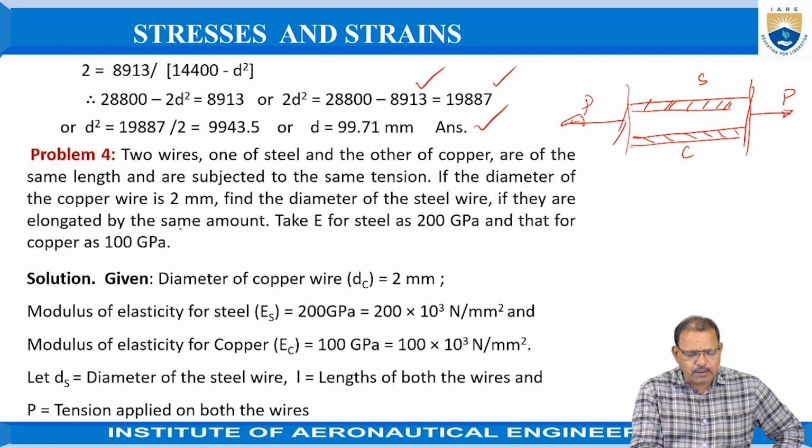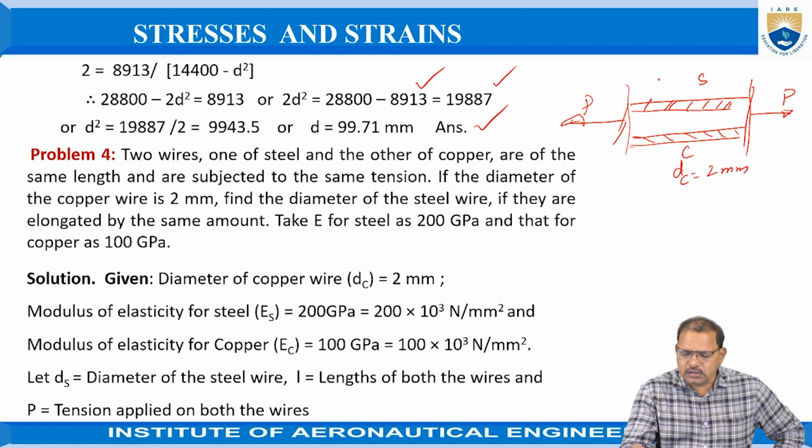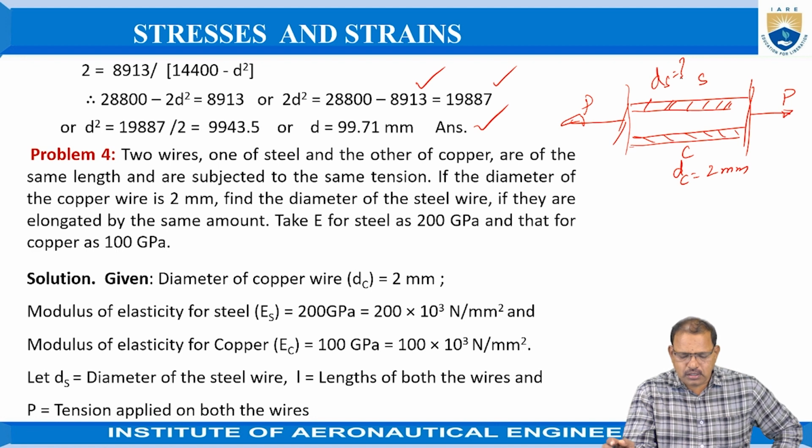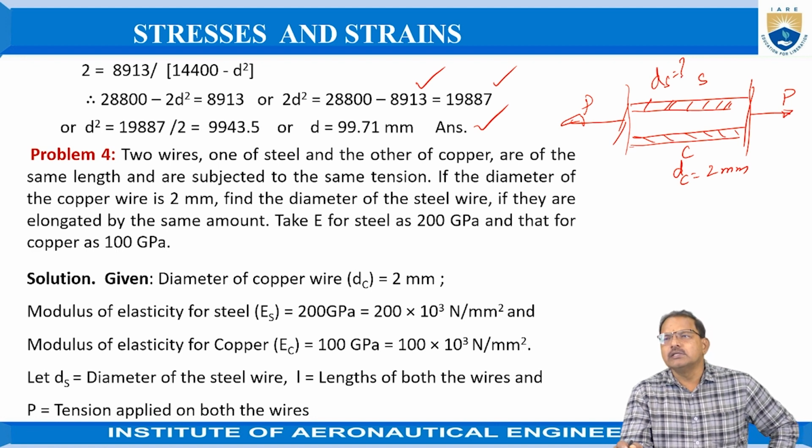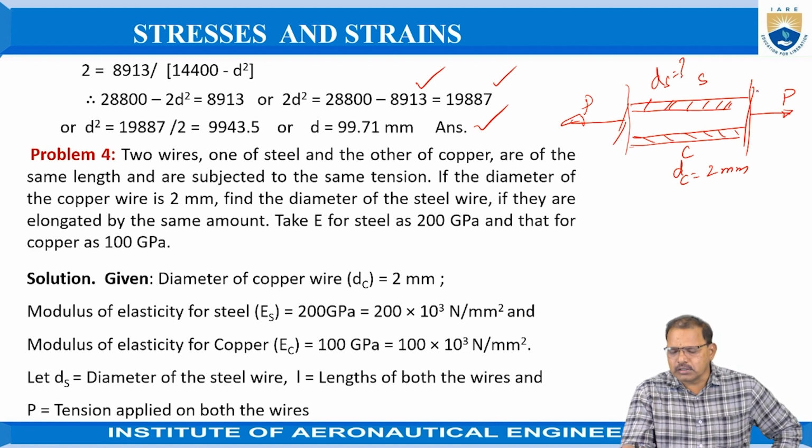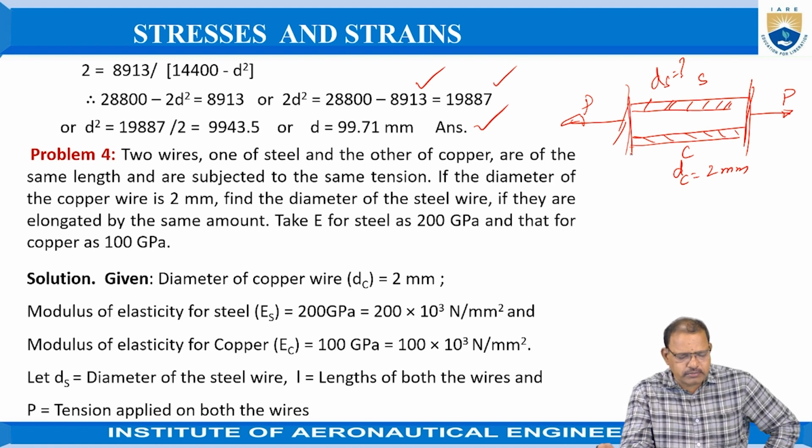If the diameter of the copper wire is 2 mm, that is, DC is equal to 2 mm is given, find the diameter of the steel, that is, DS is equal to how much? If they are elongated by the same amount, that is, the elongation is also the same.